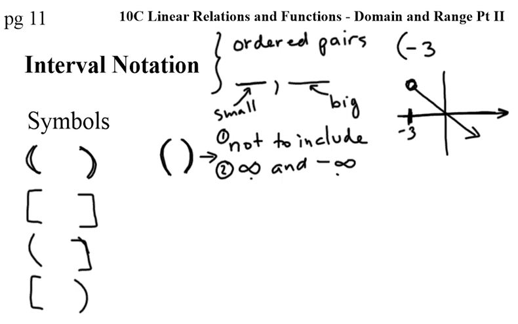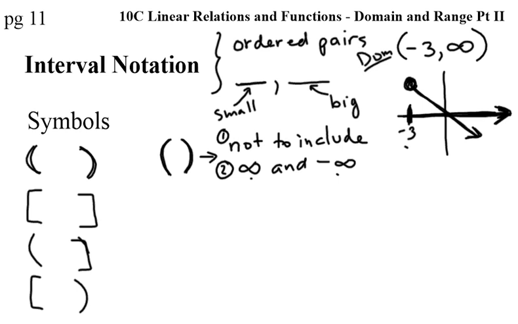So on this example, we see that this graph is going forever to the right. So we're starting at -3 and going forever to positive infinity. So my domain would be low -3, high infinity, and they both have round brackets, because it doesn't include -3 and infinity always has a round bracket.